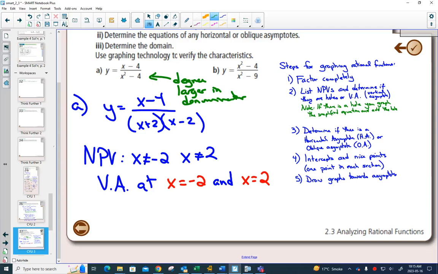Is that the example where we look at the coefficients and figure out the horizontal asymptote that way? And it is the easiest one. If it's bigger at the bottom, when you put in a large number, the bottom will get bigger much faster than the top, and so you will have a horizontal asymptote at y equals 0.